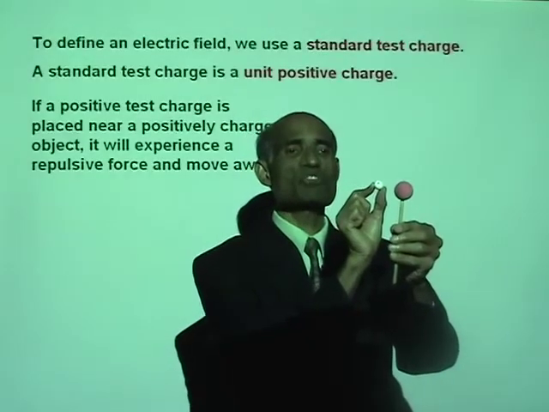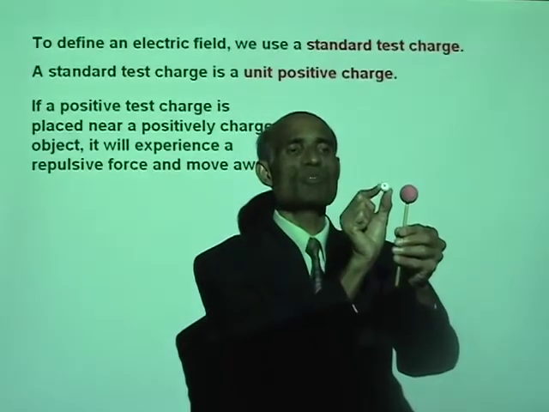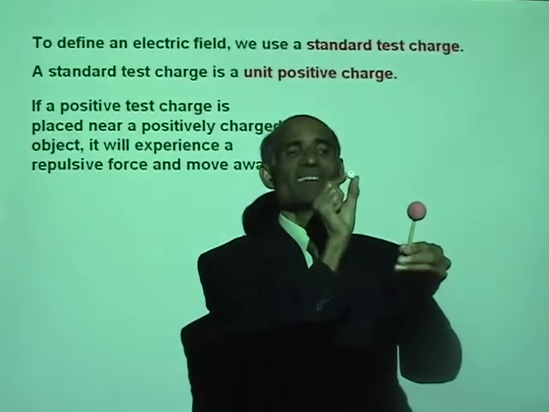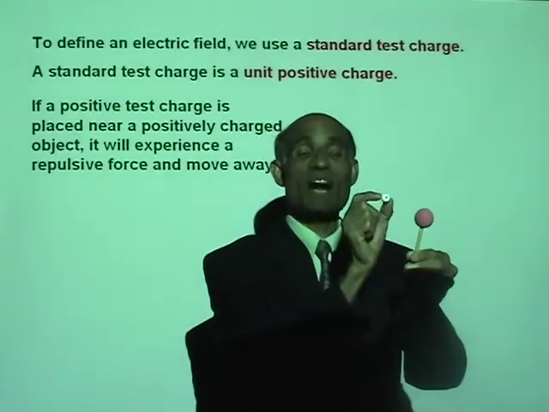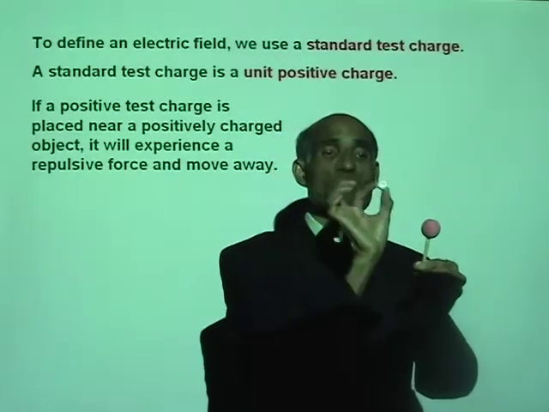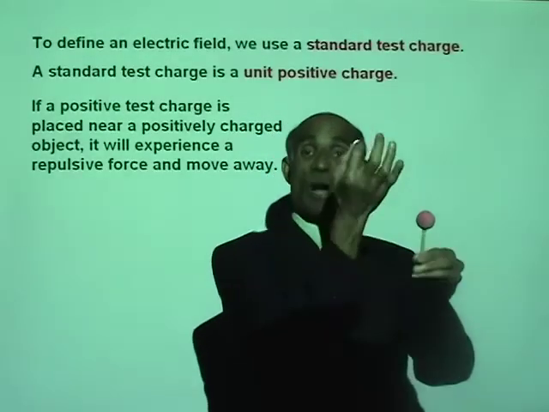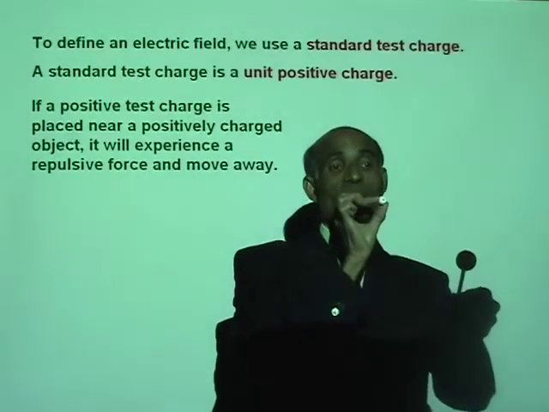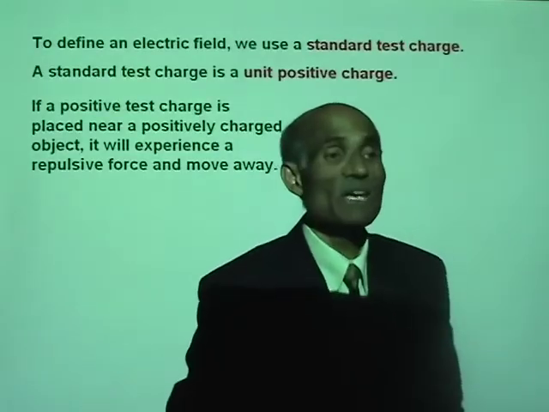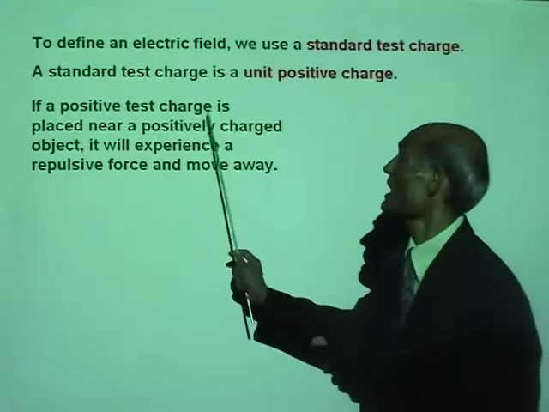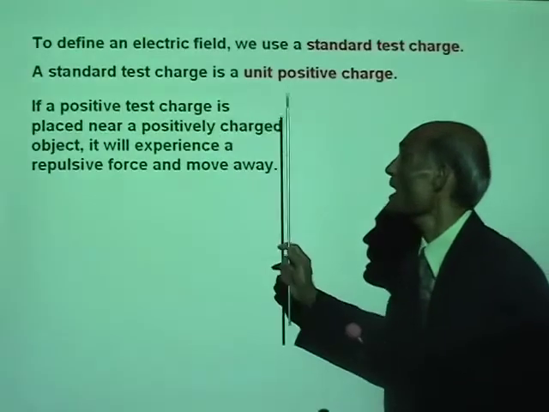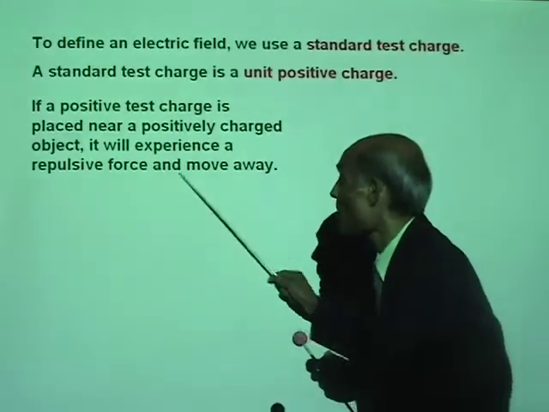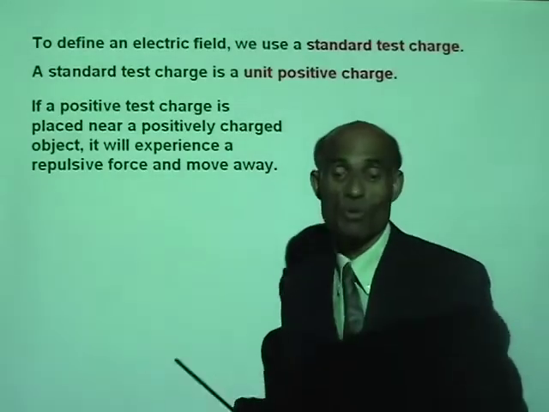Tell me, which direction is it going to go? Is it going to move towards the charge or away from the charge? Well, like charges repel. So this unit test charge, which is a positive charge, is going to go away from the positive charge. You see that? So if a positive test charge is placed near a positively charged object, it will experience a repulsive force and move away.